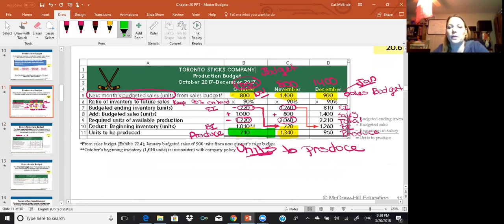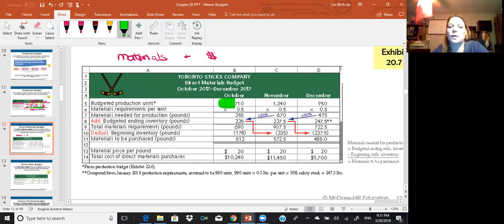So we're taking from here. So when we go to here, we say, okay, now we have the number of units we're going to produce. That's all we're going to worry about here.